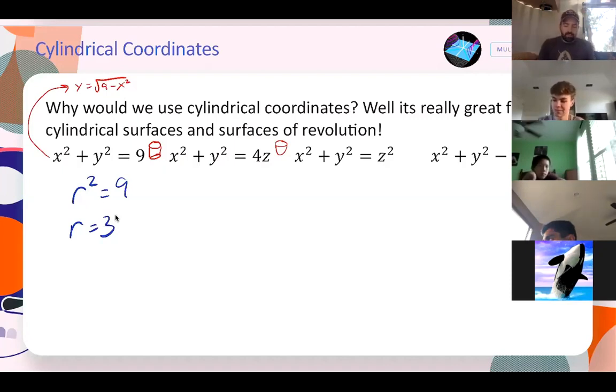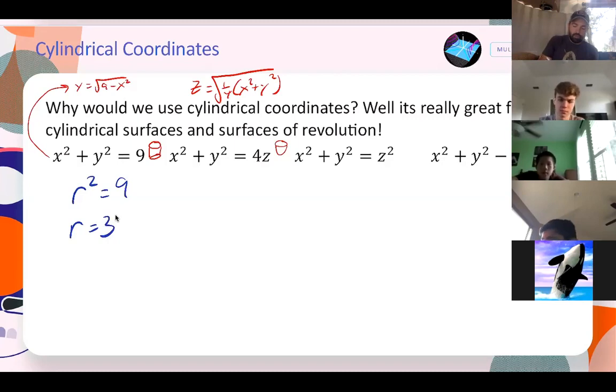And again, I could solve z equals the square root of 1/4 x squared plus y squared. And we haven't even started integrating in higher dimensions, but that's going to be a difficult integral. Again, that's going to be a trig sub problem.